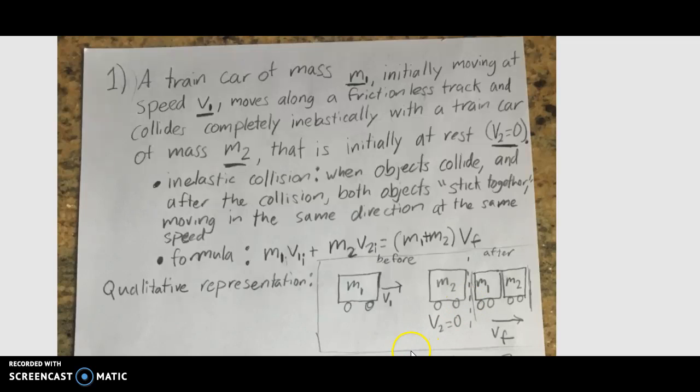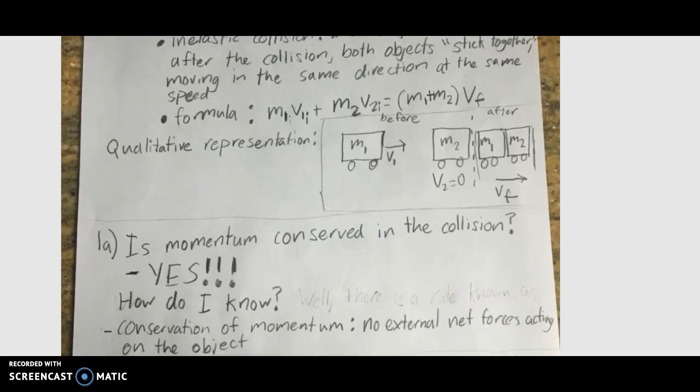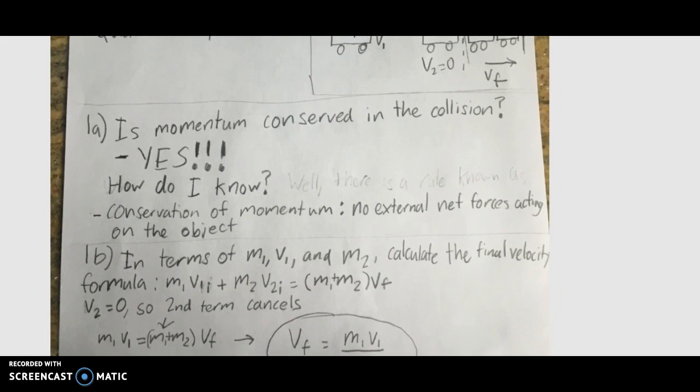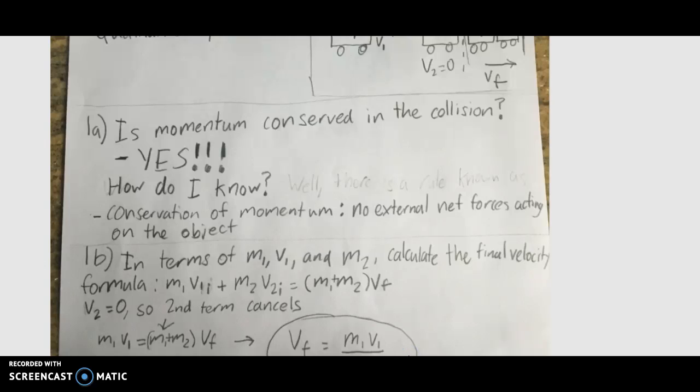Now this is where we get to the questions. Is momentum conserved in the collision? Yes. And how do I know this? First, we have to define what conservation of momentum is. Conservation of momentum holds when there are no external net forces acting upon the system, for example something like friction or tension.